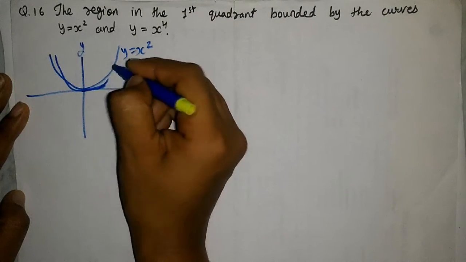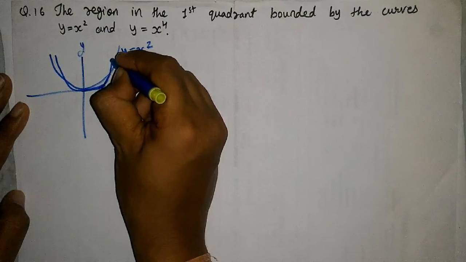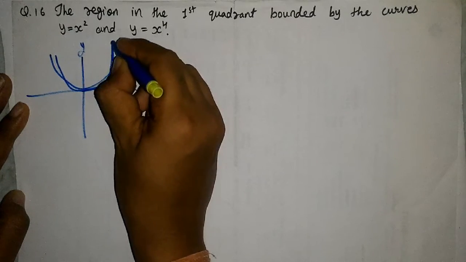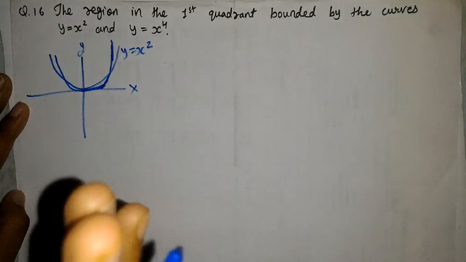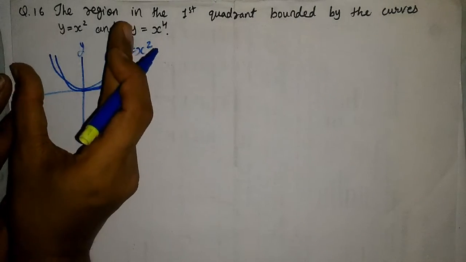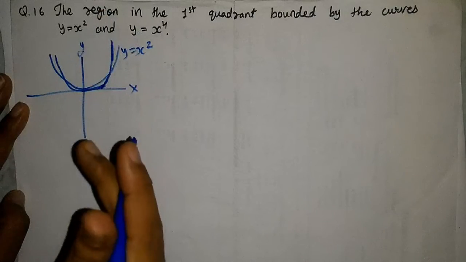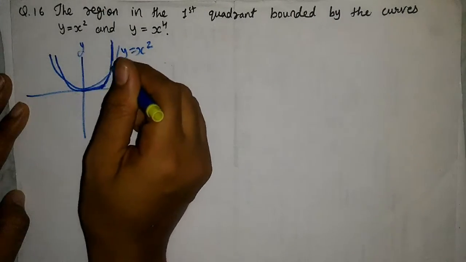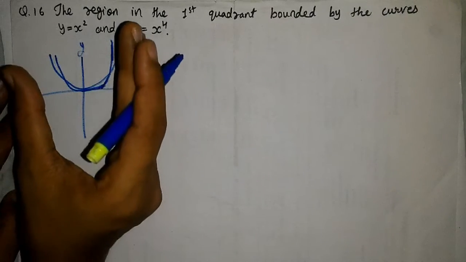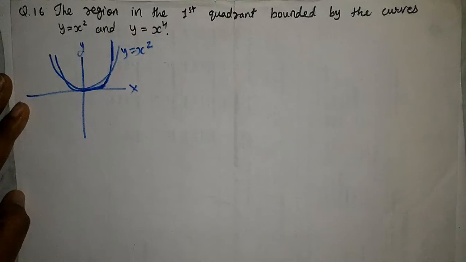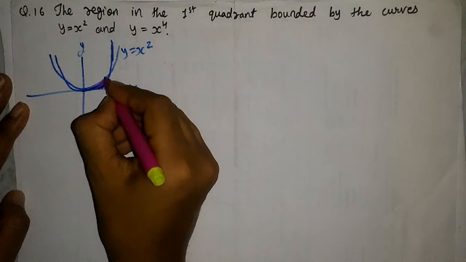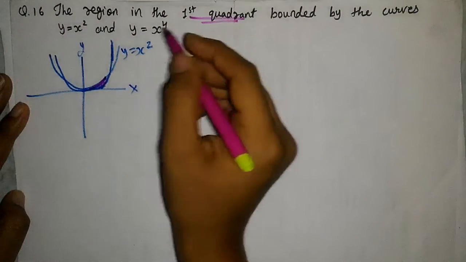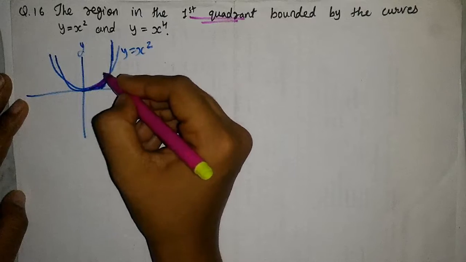So when the value of x increases, its value of y will go higher. It will shrink and become smaller and smaller. If the power goes on increasing, it will compress more and more. So our bounded region will be this one, because we have to find it in just the first quadrant. So this will be our region.